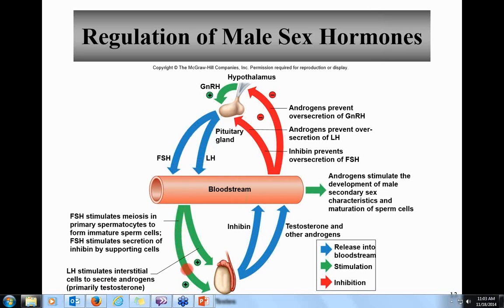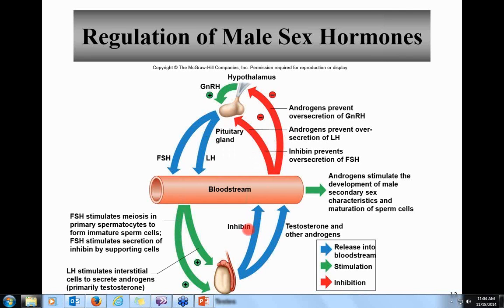They travel to the testes, and follicle stimulating hormone will stimulate spermatocytes to mature, whereas luteinizing hormone will cause testosterone production. And you have negative feedback by androgens, testosterone, causing the hypothalamus and the anterior pituitary gland to stop the release of gonadotropin releasing hormone, FSH and LH.